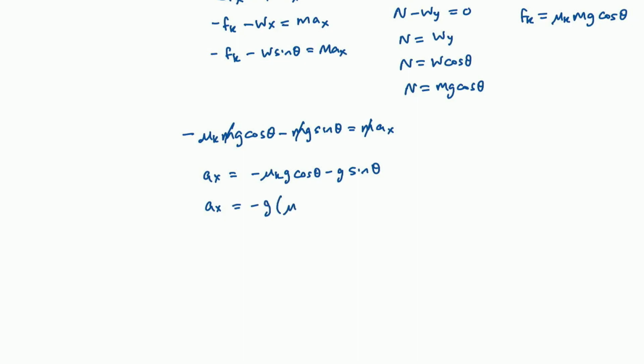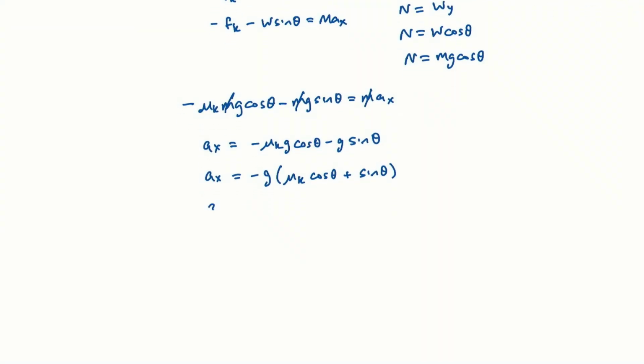We're left with mu k cosine theta plus sine theta. That isn't absolutely necessary. We could have just substituted. So we've got minus g, which is 9.8 meters per second squared, mu k we saw was 0.1, then we have the cosine of 5 degrees plus the sine of 5 degrees.